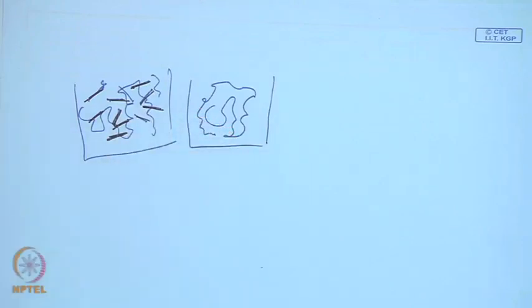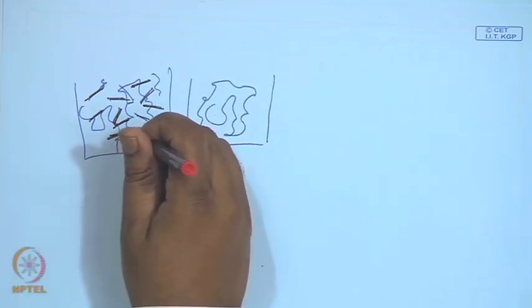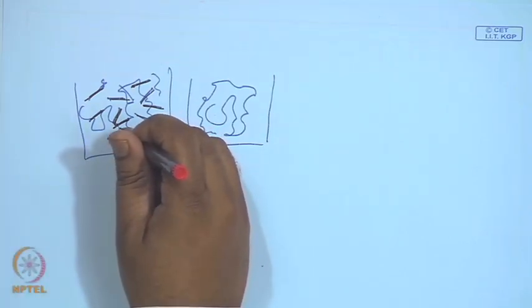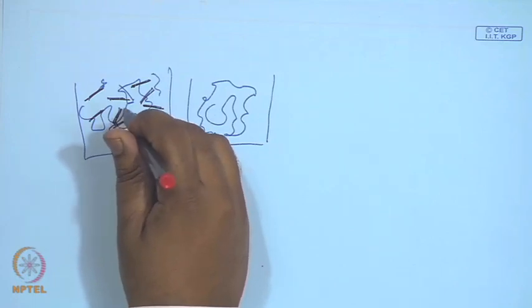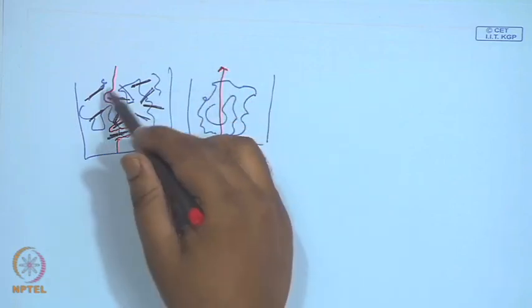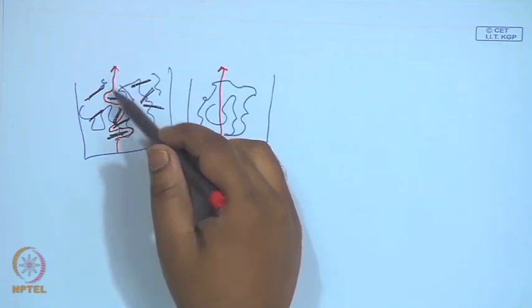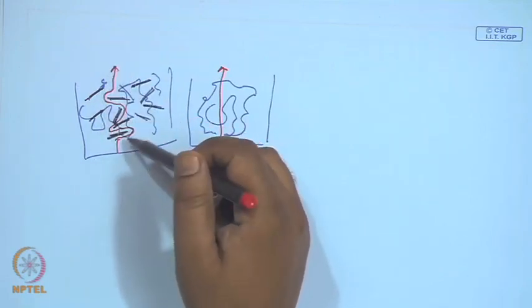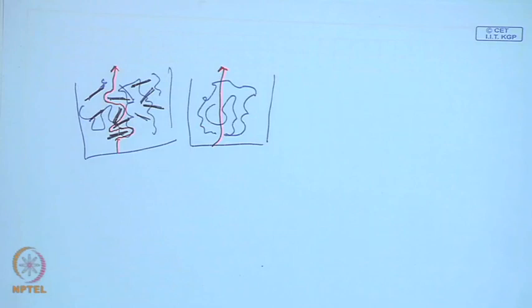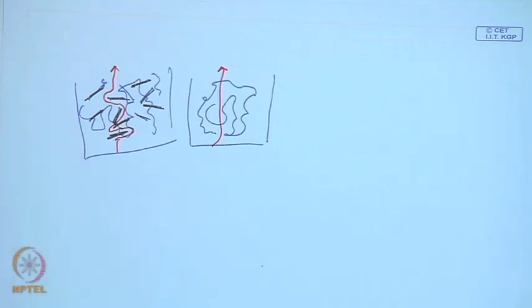Then if a gas has to pass through this medium, it has to take a longer path like this, compared to a path where you do not have these clay materials. So, this is a tortuous path, and the higher this tortuous path, the higher the barrier to the gas passing through.